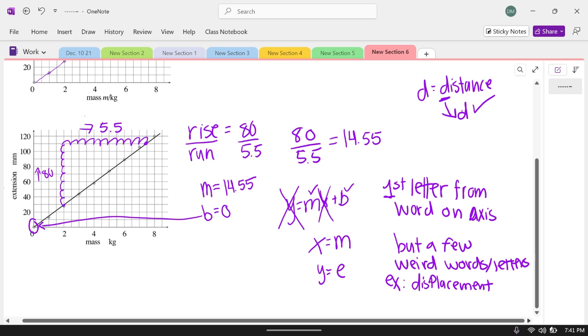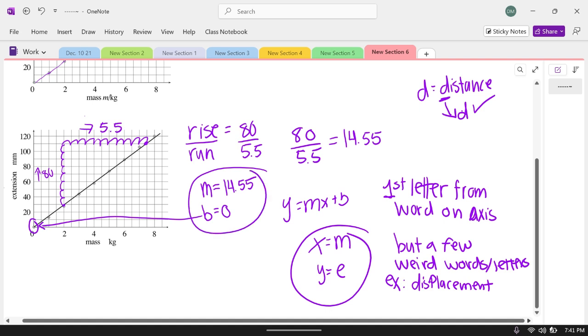So when we are rewriting y equals mx plus b, let me erase all the things I wrote over top of it. We are now going to take into account all of the information we have that is specific to our graph. We know y actually is E. So I'm going to put E equals instead of y equals.